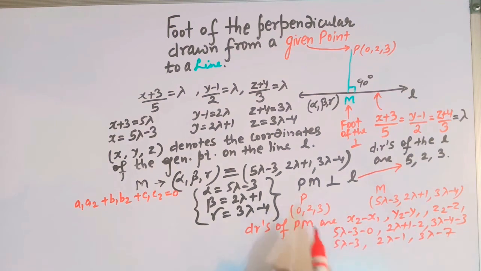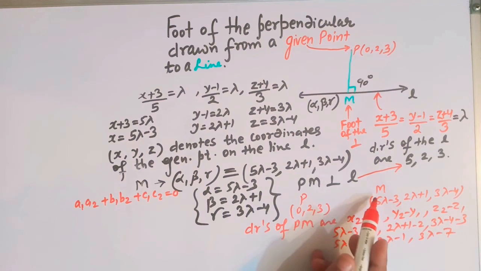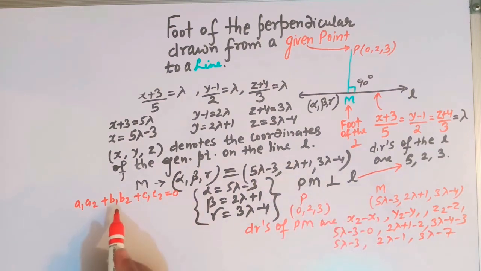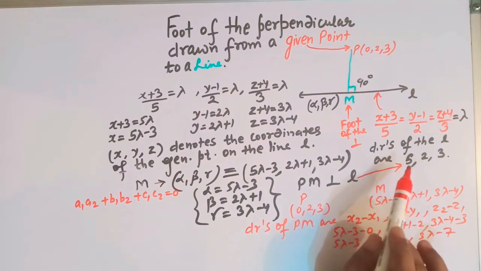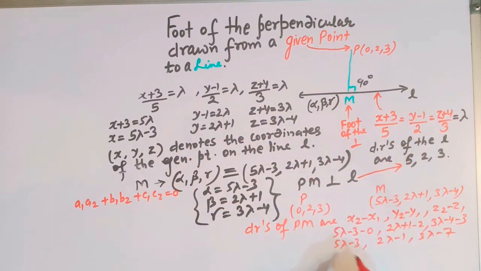So here a1, b1, c1 are the direction ratios of the vector PM or the line PM, and a2, b2, c2 are the direction ratios of the line, right?